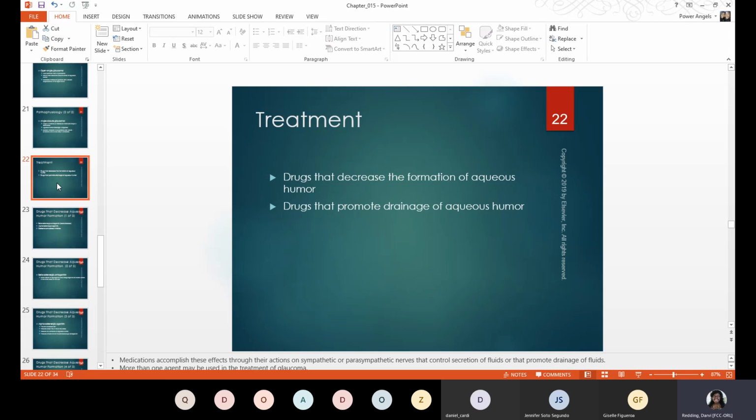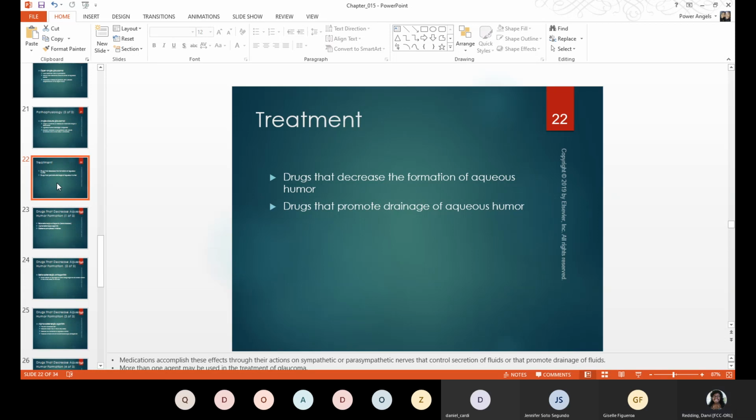So continuing learning about the treatment of glaucoma, there are some drugs that can decrease the formation of the aqueous humor, and there are some drugs that promote drainage of the aqueous humor. Some medications accomplish these effects through their actions on the sympathetic or the parasympathetic nerves that control the secretion of the fluids, or that promote the drainage of the fluids.